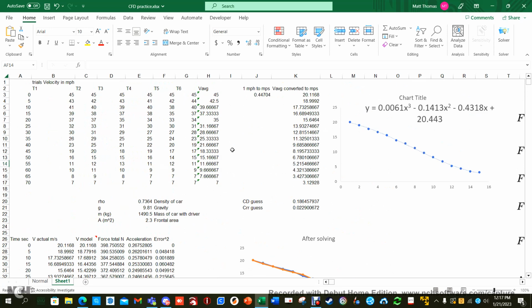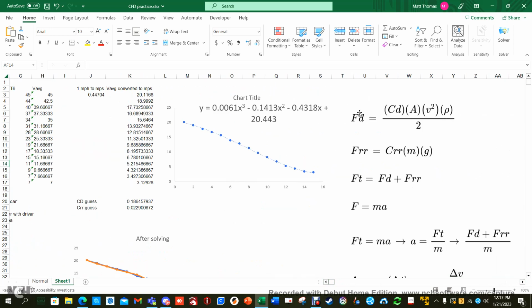The purpose of this exercise is to be able to find the coefficient of drag and the coefficient of rolling friction. Now remember, the coefficient of drag is dependent upon, in our equation, the force of drag. Force of drag has this in it.